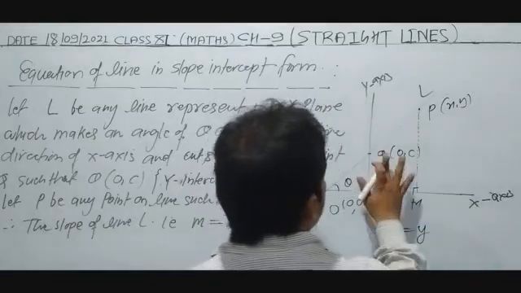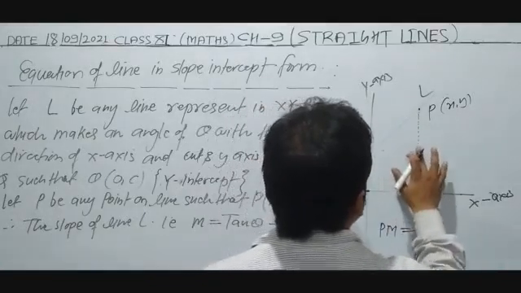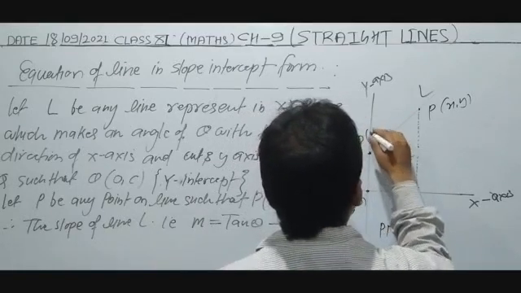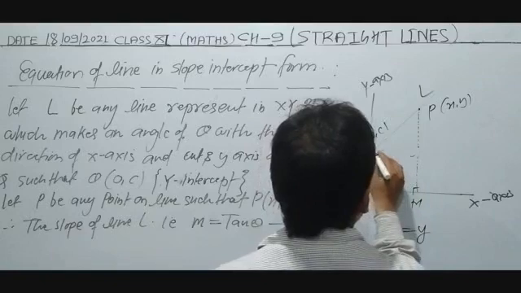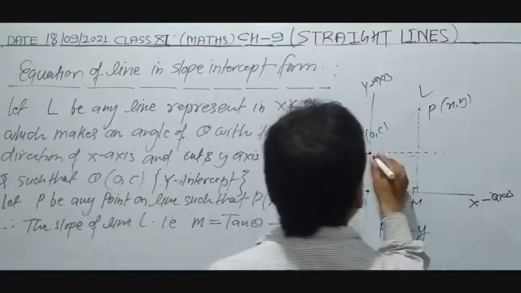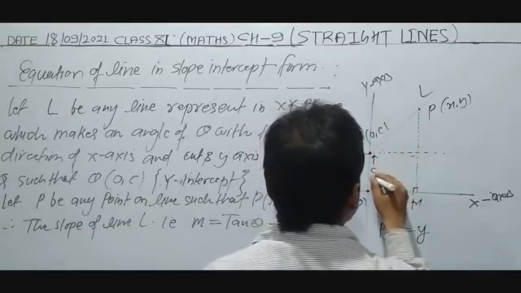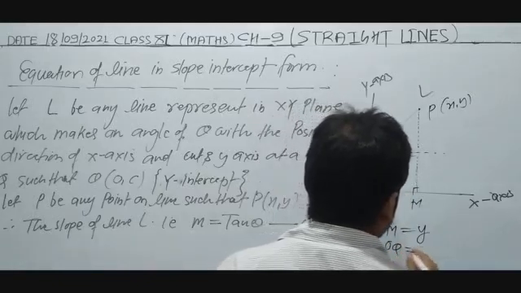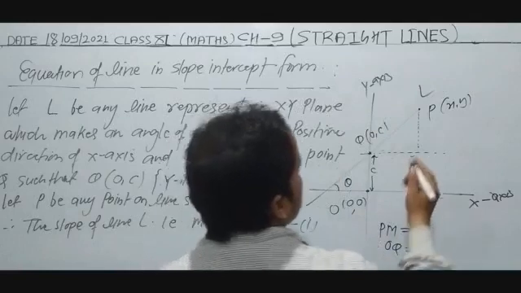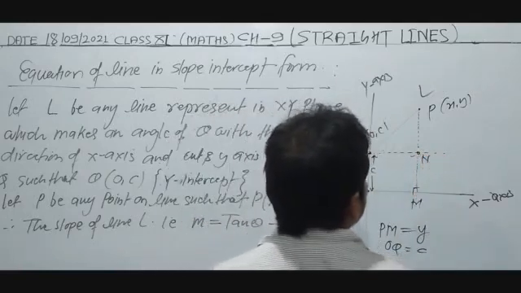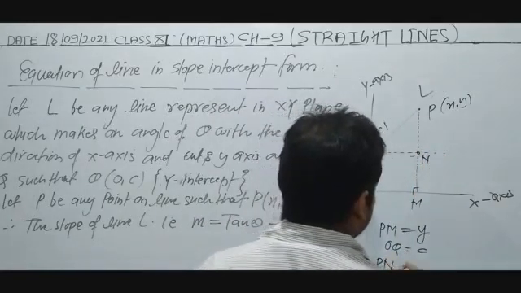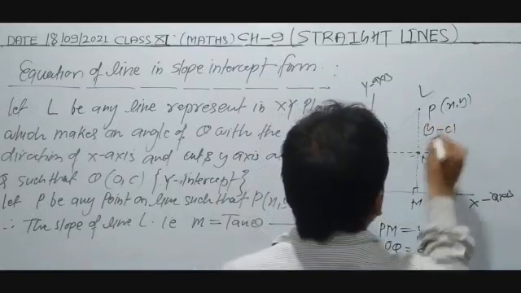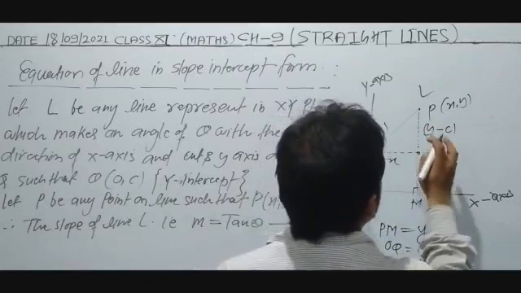Now a line parallel to x-axis passing through point Q. This length is c from figure, so OQ is equal to c. Suppose this intersection is N, so PN length will be y minus c. This length is y minus c, this length is x.